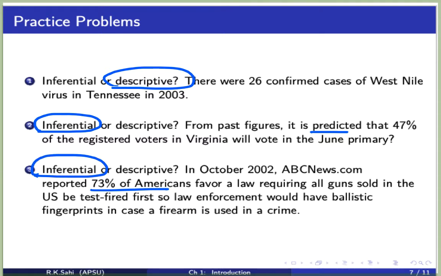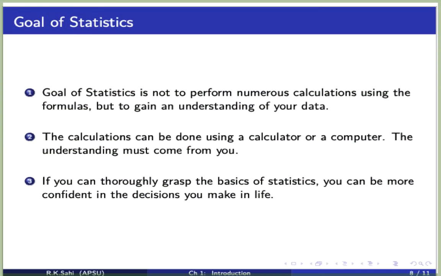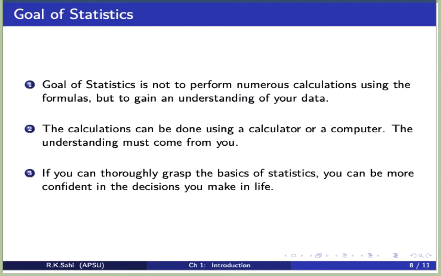statistics here. So then we talked about what is the goal of statistics. Goal is not to just do some numerical calculations. The idea is, what is the data telling us? Can we make an understanding of that data? And what statistical techniques can be applied using the things we have learned earlier in our statistics classes, which will help us make decisions based on our knowledge.